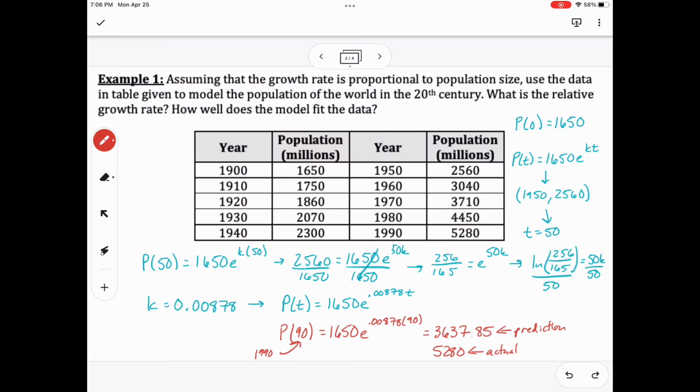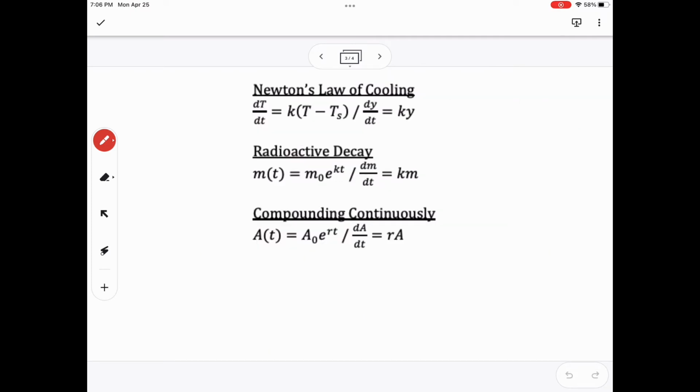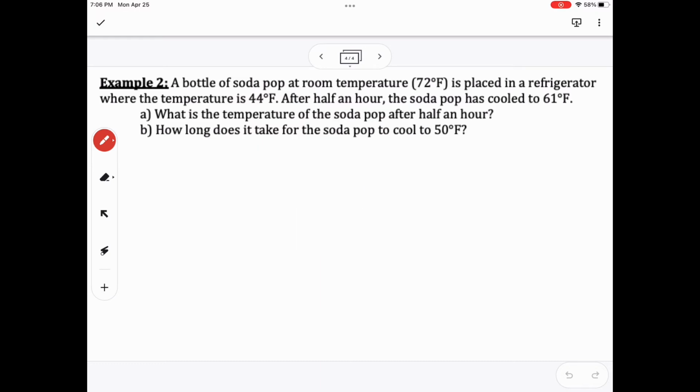As I move over to the next slide, there are different formulas that we can use in this kind of process. Newton's law of cooling, radioactive decay, and compounding continuously all have the same kind of exponential functions, so all the problems relate to the same idea. Here I have an example of Newton's law of cooling.